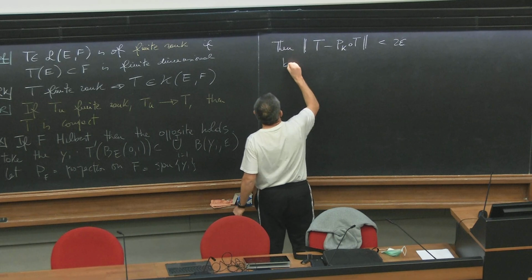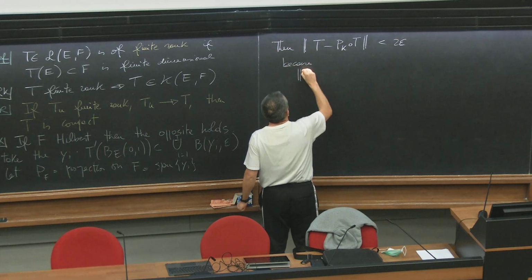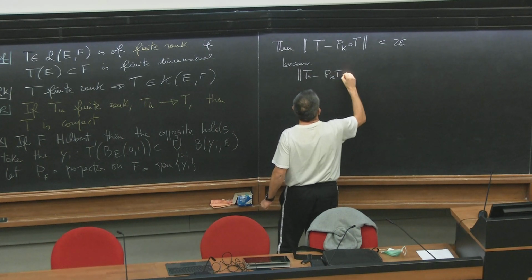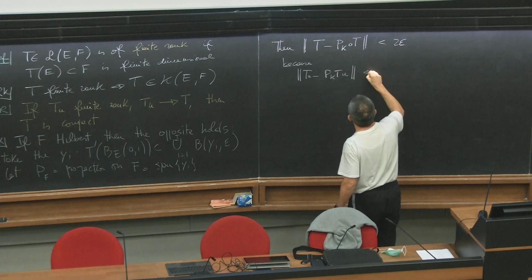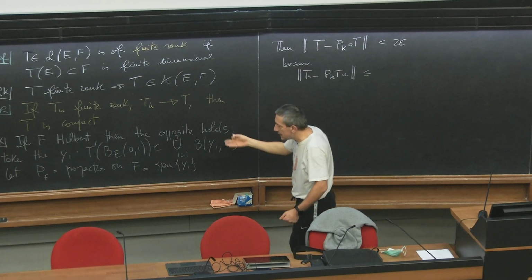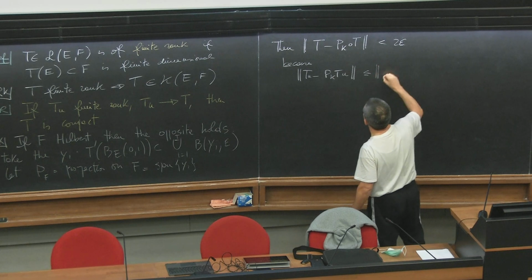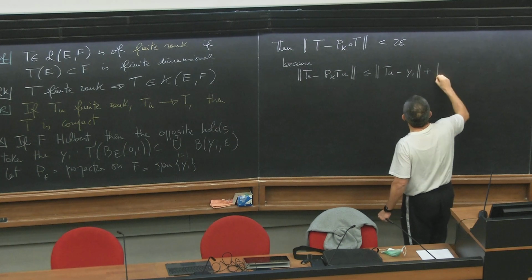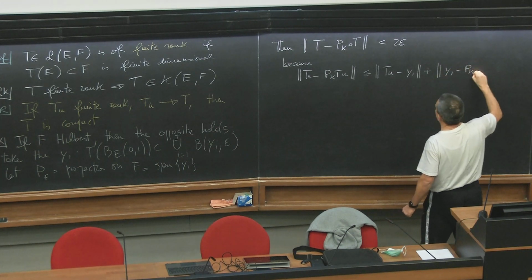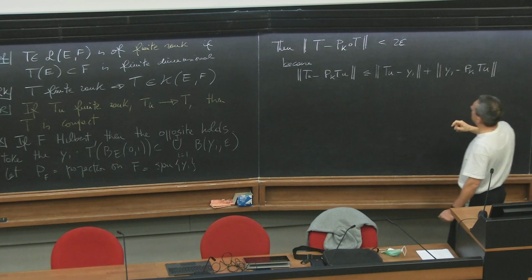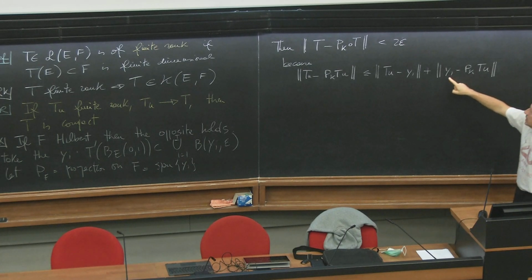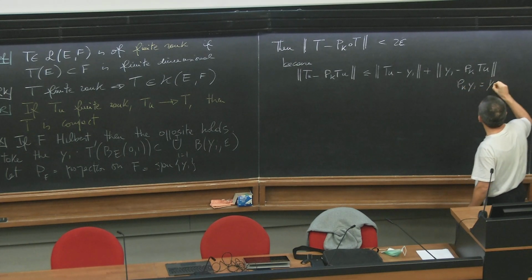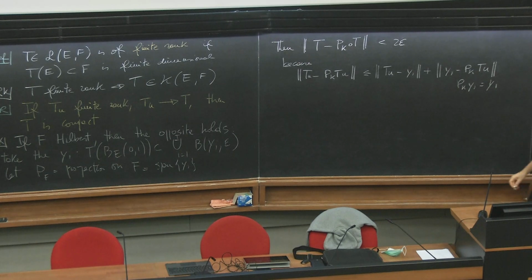For T minus P applied to Tu, there exists one of these yi whose distance is epsilon, so it is Tu minus yi plus yi minus P Tu. Now P of yi is equal to yi, because yi is in the span.